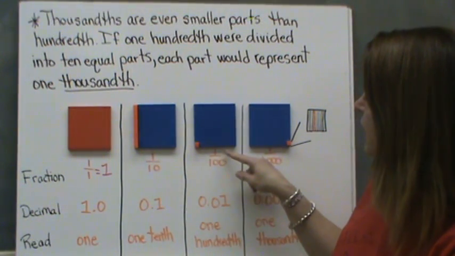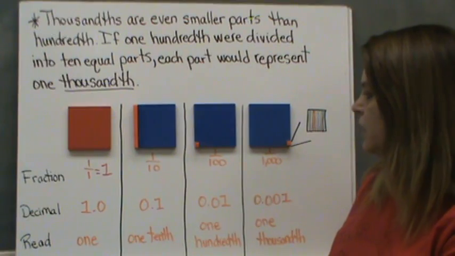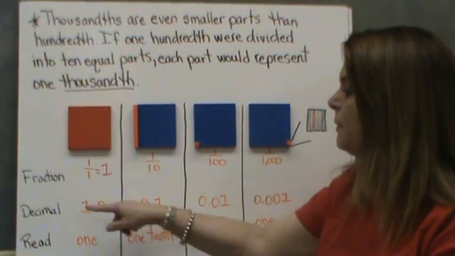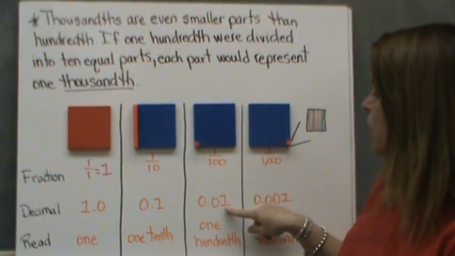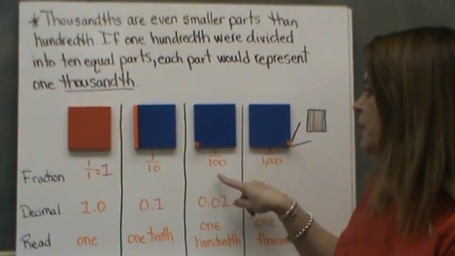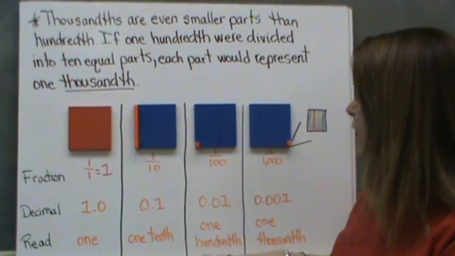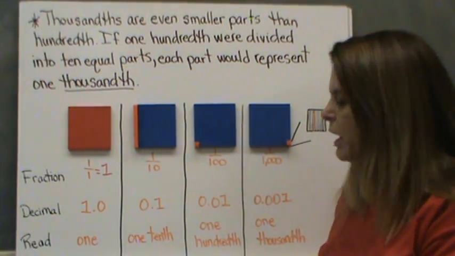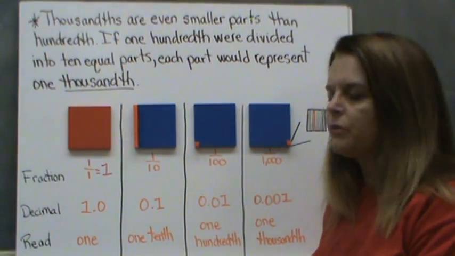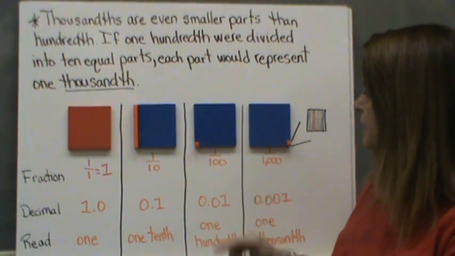So I would write my fraction as 1 over 100. My decimal is written as 0 decimal 0 1 because I've got to get that 1 in the hundredths place, and I'm going to read both my fraction and my decimal as one hundredth, with that TH on the end.